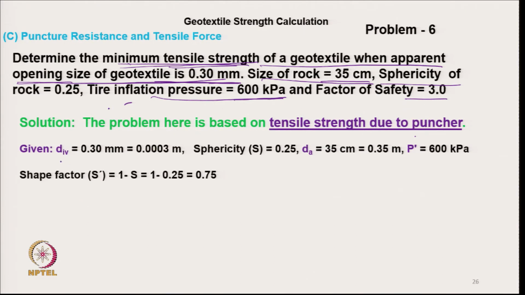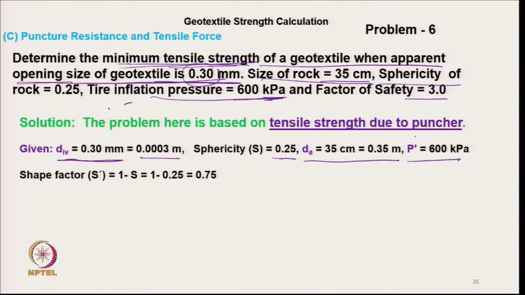Here the diameter of opening, that is the apparent opening size, which means the geotextile pore size, is 0.3 millimeter. We have to convert it to meters, so it is 0.0003 meter. Sphericity is given as 0.25, the diameter of stone is 35 centimeter, that is 0.35 meter.